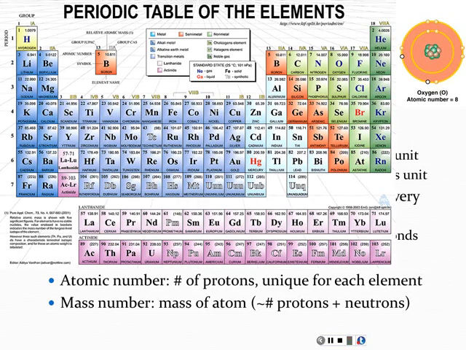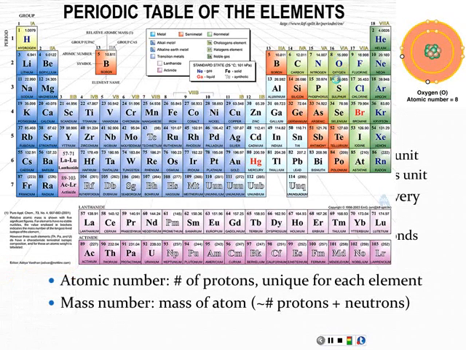Neutrons do not necessarily have to be the same amount as protons. You subtract the protons from the mass number.